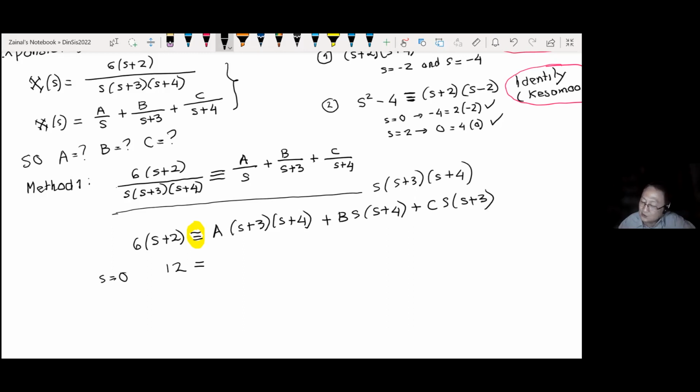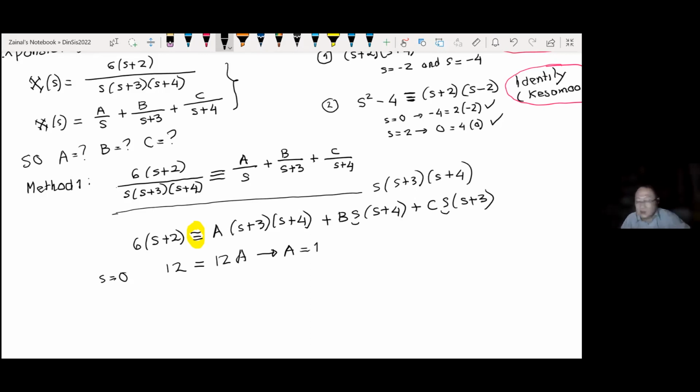This one 0, this one 0, right? Because these are 0, you have 12 A. So you can find A equal to 1.